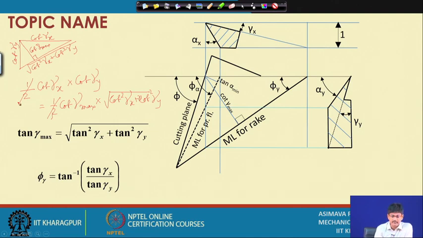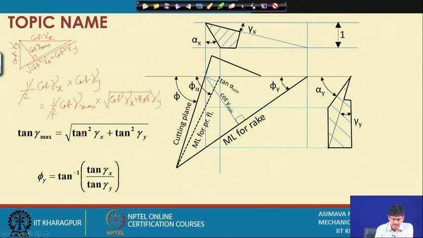if you divide it by cot gamma x, on this side you will get 1, on the other side you will get root over of cot square gamma x plus cot square gamma y divided by cot square gamma x cot square gamma y, which will mean that you will get tan square gamma x plus tan square gamma y. So, ultimately from here you will directly get this relationship.